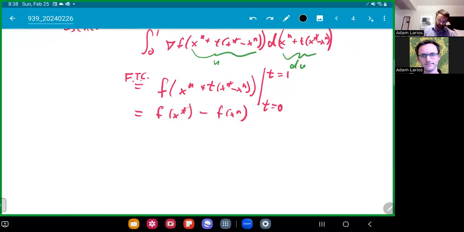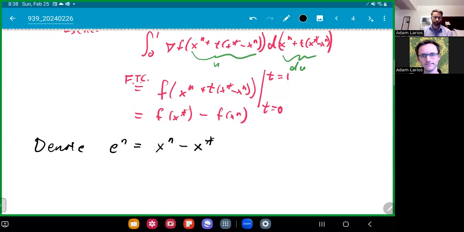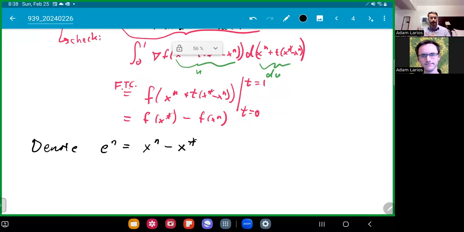From this, let's introduce en to be our error. In this case, we'll write it as xn minus x star. Sometimes we write that as the exact solution minus xn, the iteration, in other applications. It's just whatever's most suitable for the stage you're at.